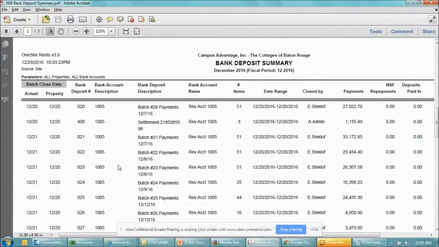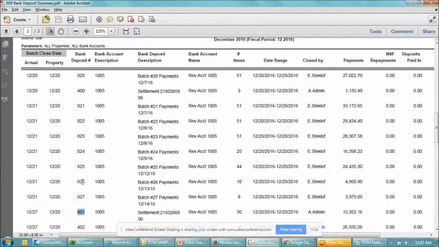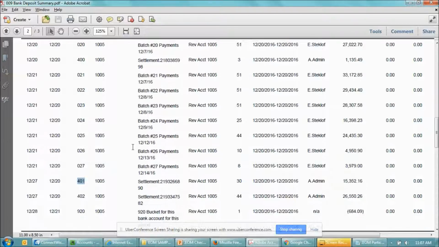The system cleared ones, whether it was batched automatically via the check scanner or the resident portal, will always start with a 400 number, 401 in this case. So anything less than 400 is going to be a manual batch that you manually took to the bank or worked with your property accountant to somehow manually get entered into the system.